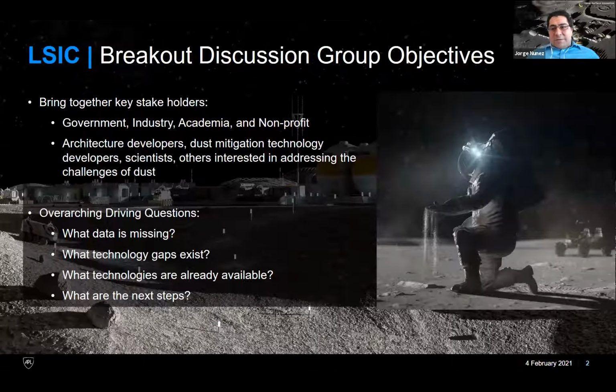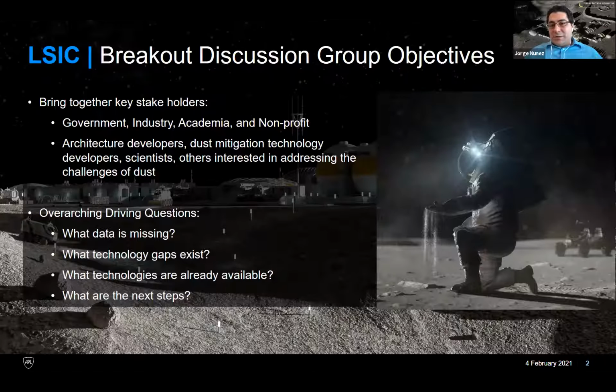We have 5 breakout groups, and the motivation for this, right, is the driving questions for these breakout discussions. What kind of data is missing, right? What information are we missing that is needed to enable some of these technology developments or further maturation? What technology gaps exist?